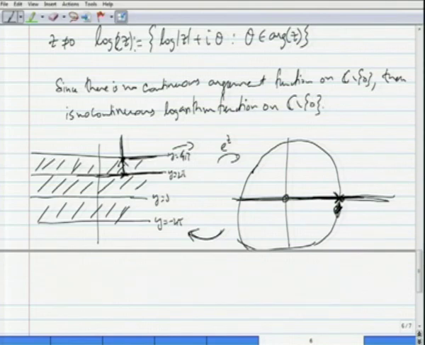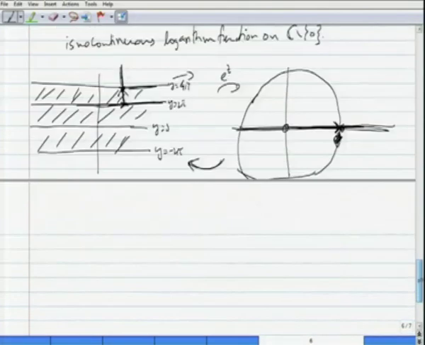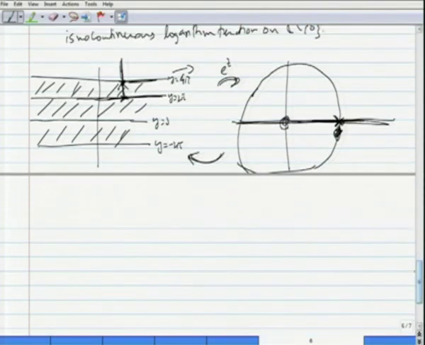So, we remedied the situation by deleting a half ray here in the codomain of e power z. In the case of the argument multifunction, we had the real line. Here for e power z, we will delete a half ray.